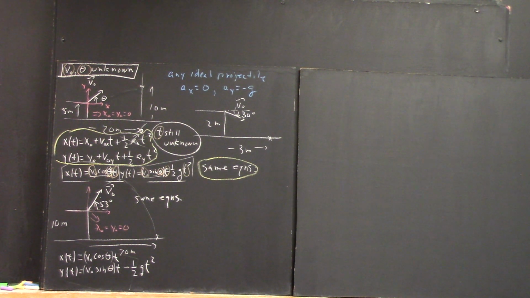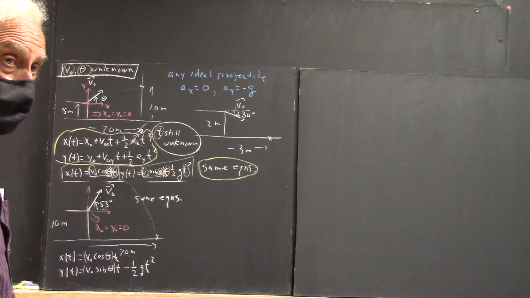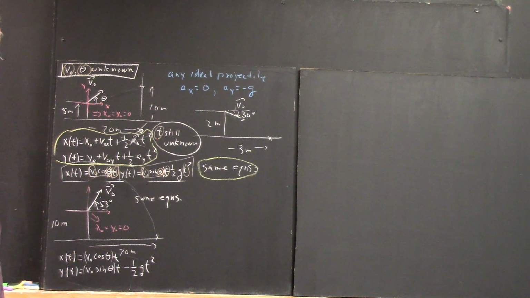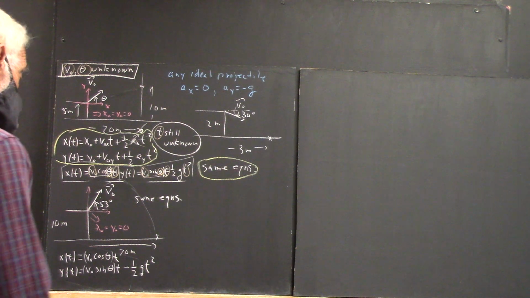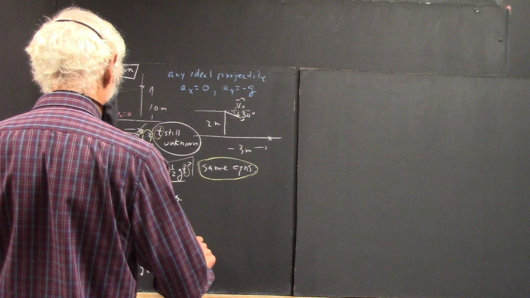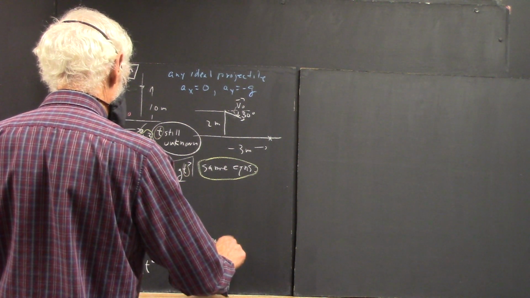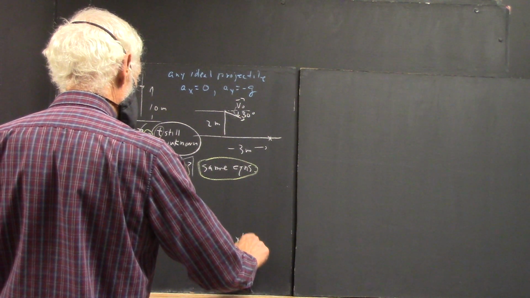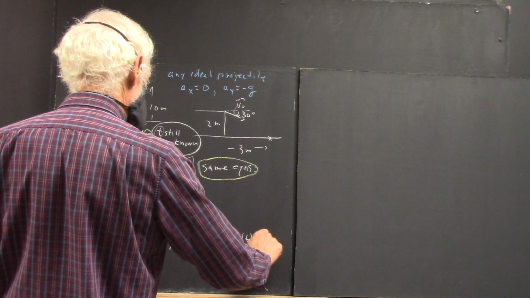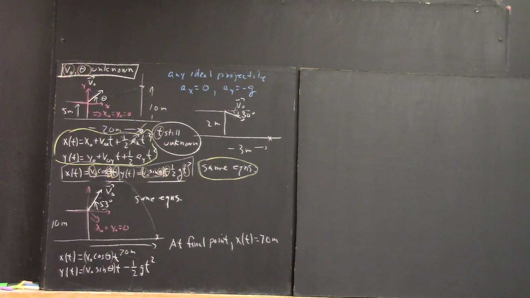Now there's one more thing you know. What else do you know about these equations? Well, x of t is 70 meters, right?